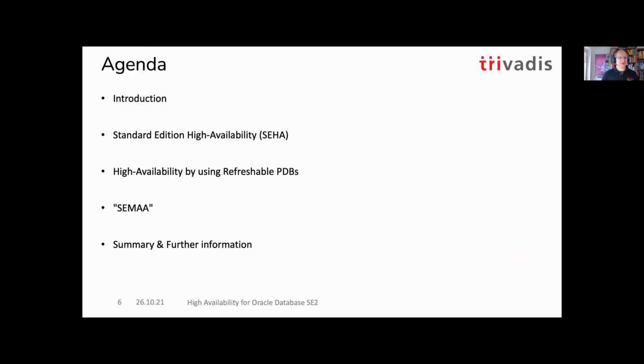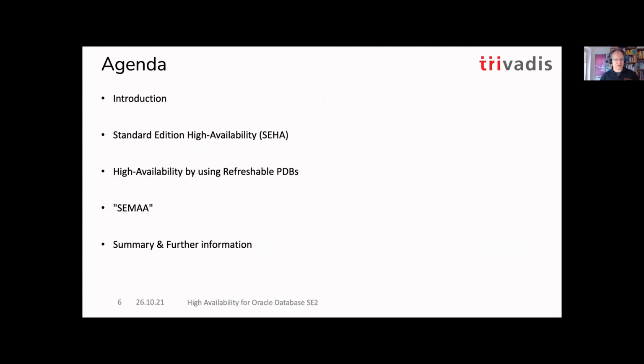So what's on the agenda today? A short introduction on availability. Then we take a look at Standard Edition High Availability, which is a really new feature, 1.5 years old. High availability by using refreshable PDBs, which is more Data Guard-like for Standard Edition 2.